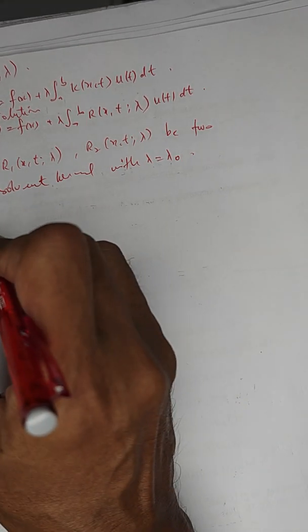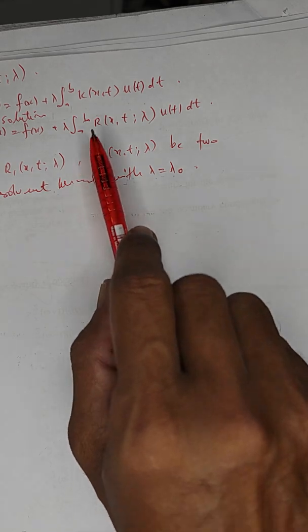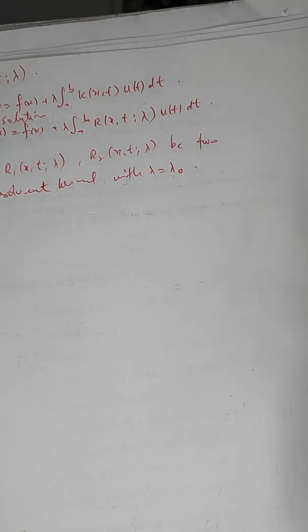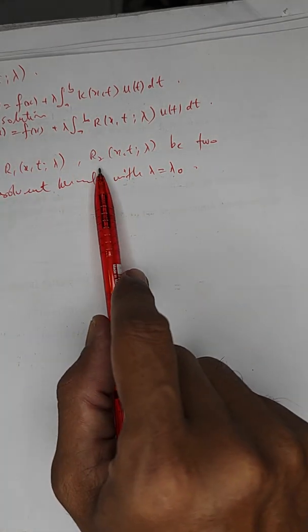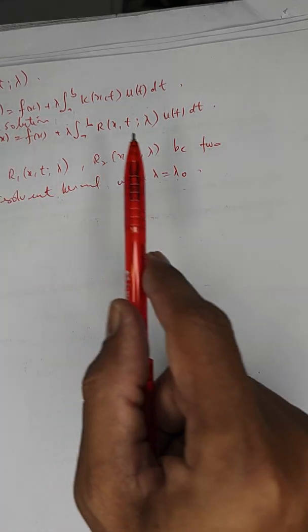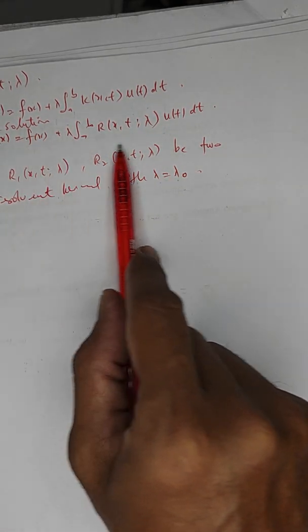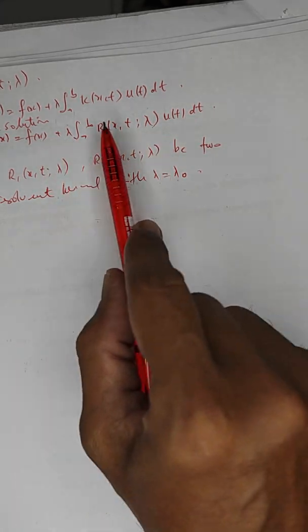So if you substitute that, remember that the solution is unique. For R1 we have U1, for R2 we have U2, and since they are unique, U1 equals U2. So the term with R1 equals the term with R2.